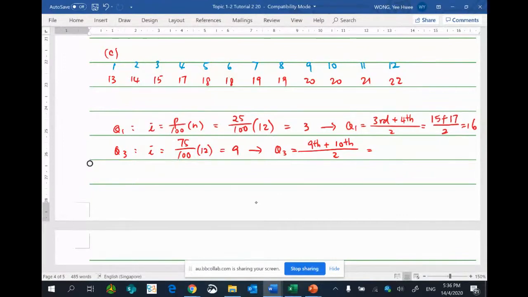So you get 20. That's how we find the IQR. The interquartile range is Q3 minus Q1, which is 20 minus 16, and you get 4.